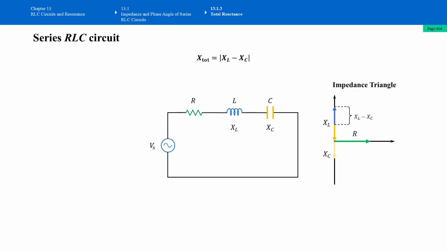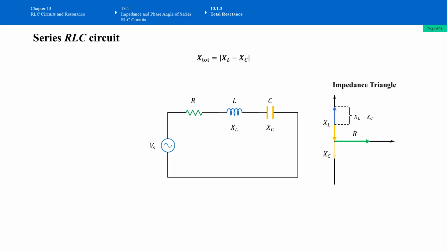In our figure here, the blue region before was a longer blue vector, but now part of the vector was covered by the yellow vector pointing downward. So the leftover blue vector is the remaining, also called the net vector. This is the net reactance of this RLC circuit.